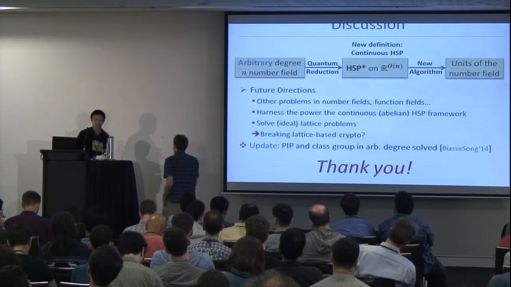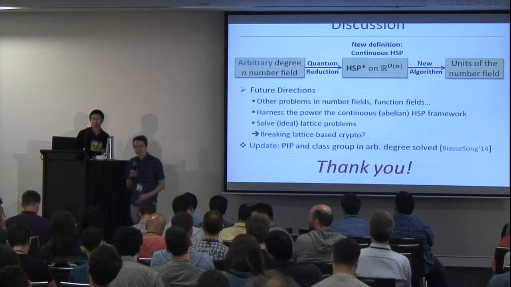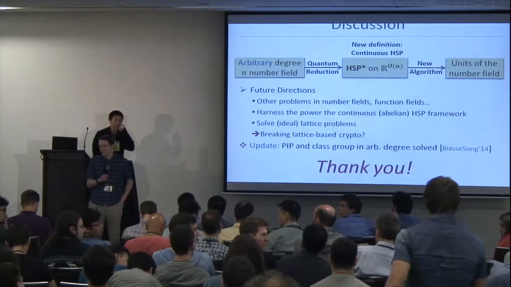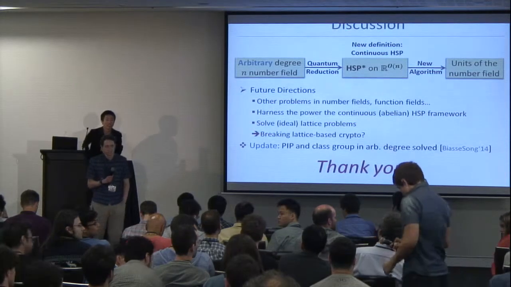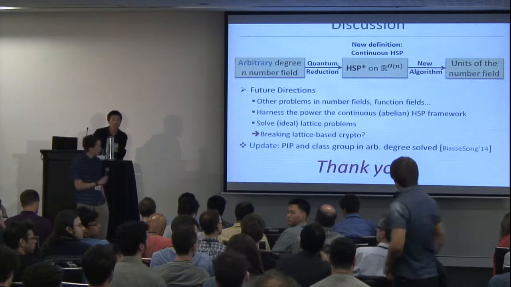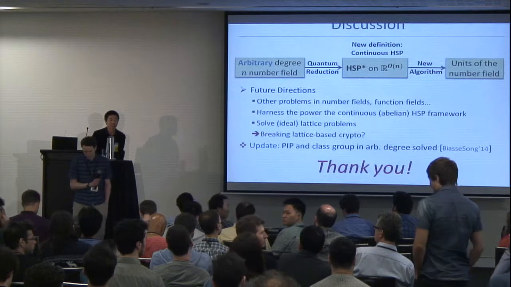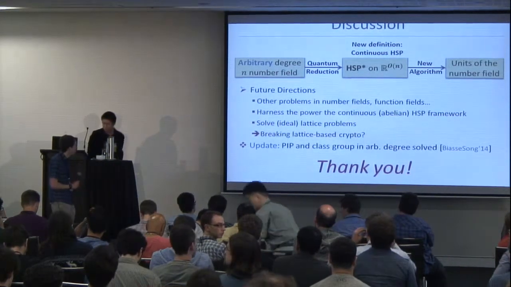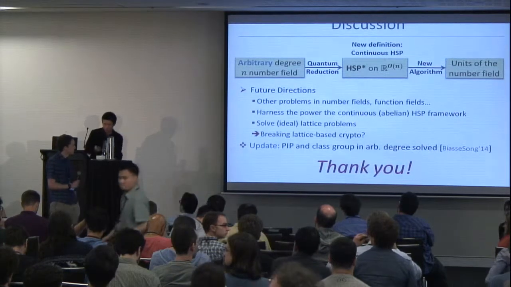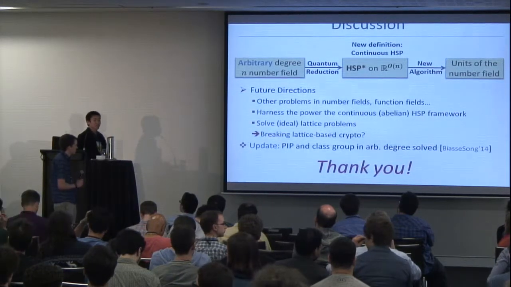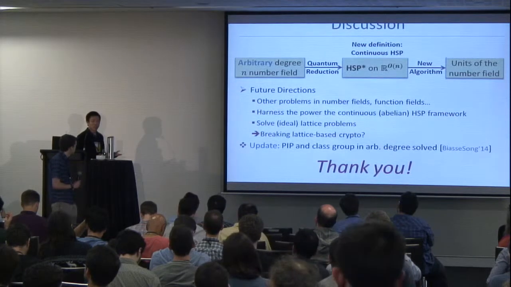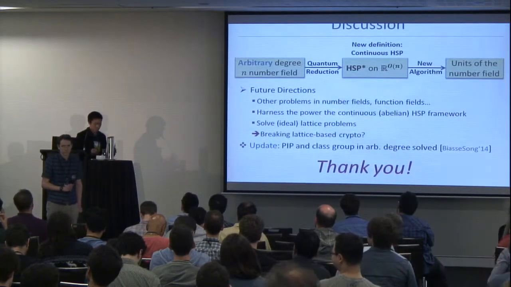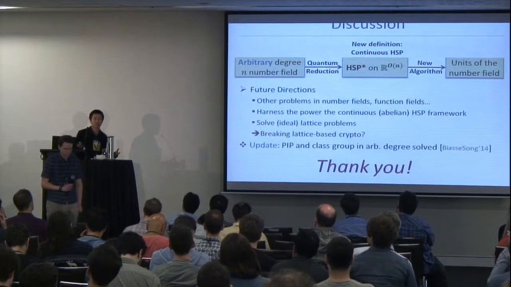Okay, cool. Thank you. Any other questions? I was just wondering if you have any examples of other problems in number fields? Oh, sure. If you open a book like algorithmic algebraic number theory, you can find tons of problems.